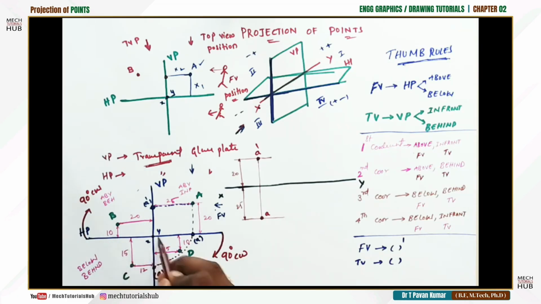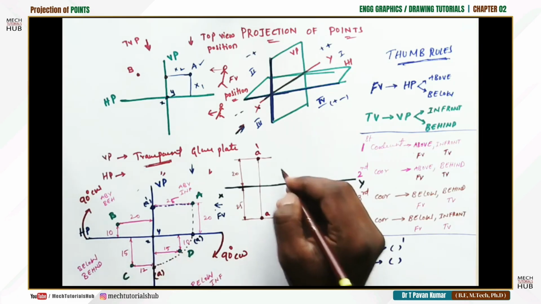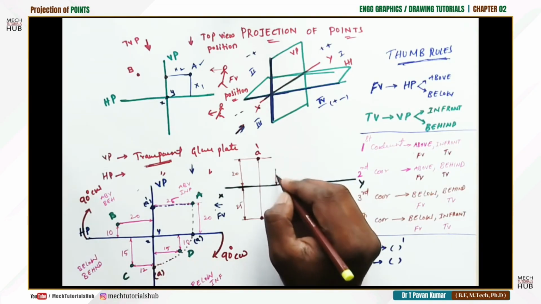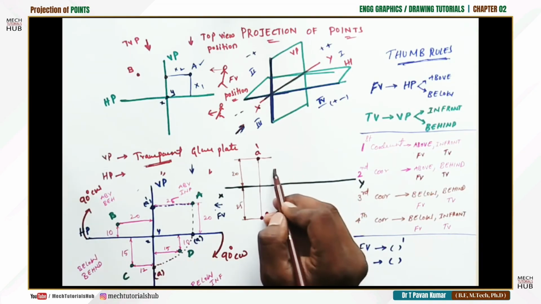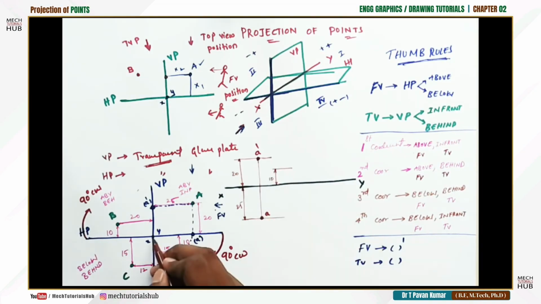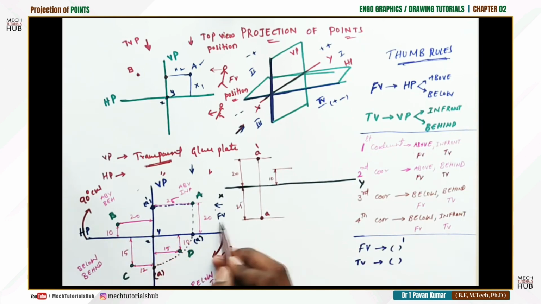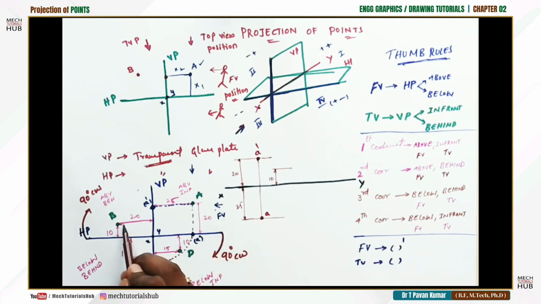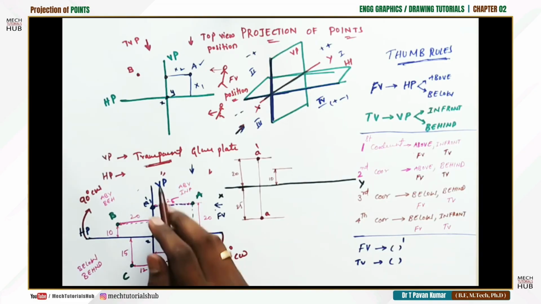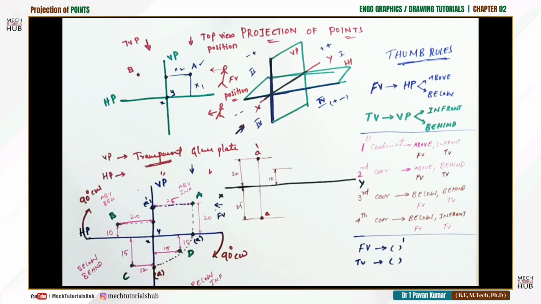Fine. So obviously it is 10 mm above the XY line. So I'll place the 10 mm here with a 2H pencil. I'll draw one locus. This is 10. So when I view from the front, the projection of point B is going to be on the vertical plane, because the vertical plane is in between the object and the observer.